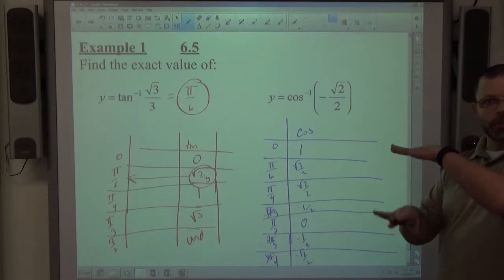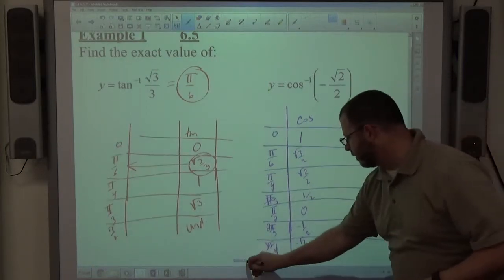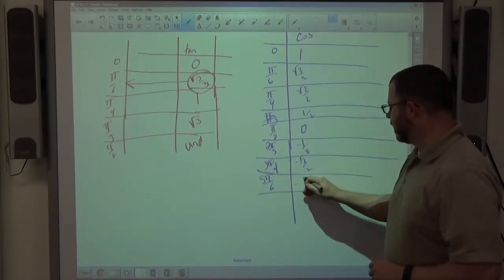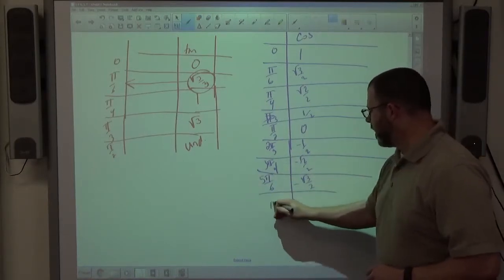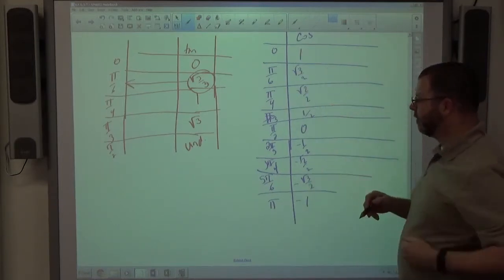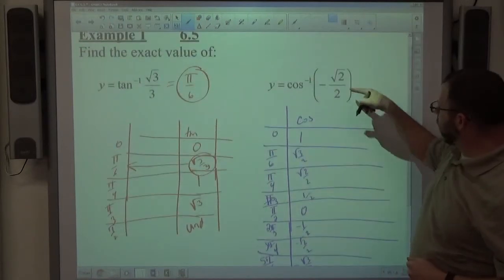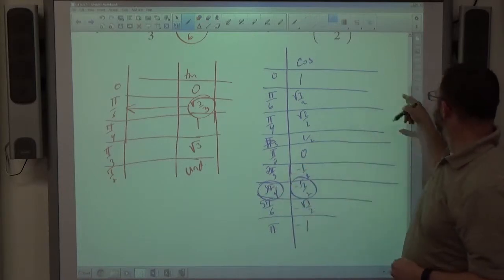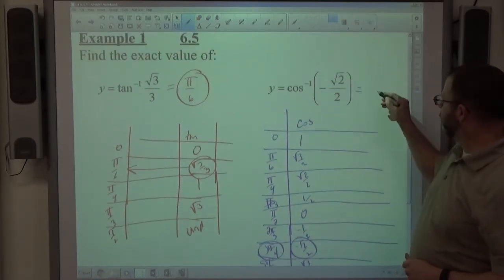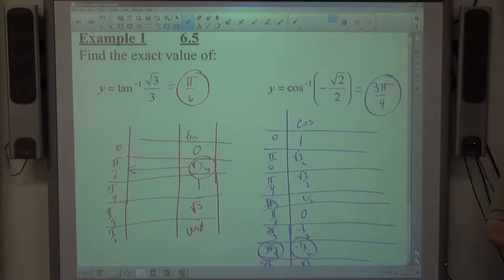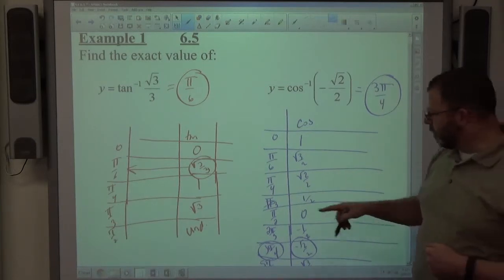All we care about is numbers going through pi. If I continued on, 5 pi over 6 is next. That's negative square root of 3 over 2, and pi is last, negative 1. So these are all the exact values of cosine I can actually find an answer for. And it's asking me for the inverse cosine of negative square root of 2 over 2. It's right there. This is between 0 and pi, which is the inverse cosine range. So we're going to take the 3 pi over 4 answer. All right, and that's how you do it.